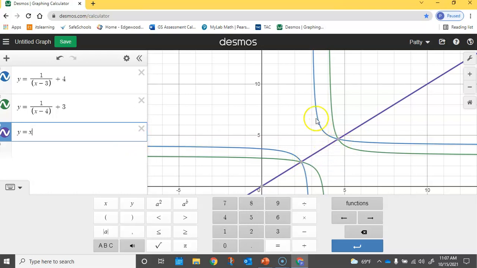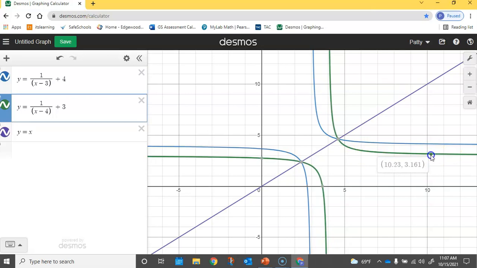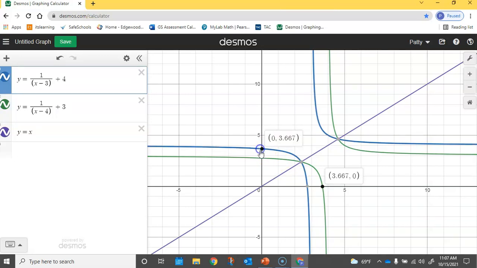If I look at this ordered pair here, this ordered pair is 3.16 and 10.24. So if I come down here to 10.24, I've got 3.16. Yeah? There might be some easier ones we could check. Here we have 3.66, so on this one we should have 0.366.